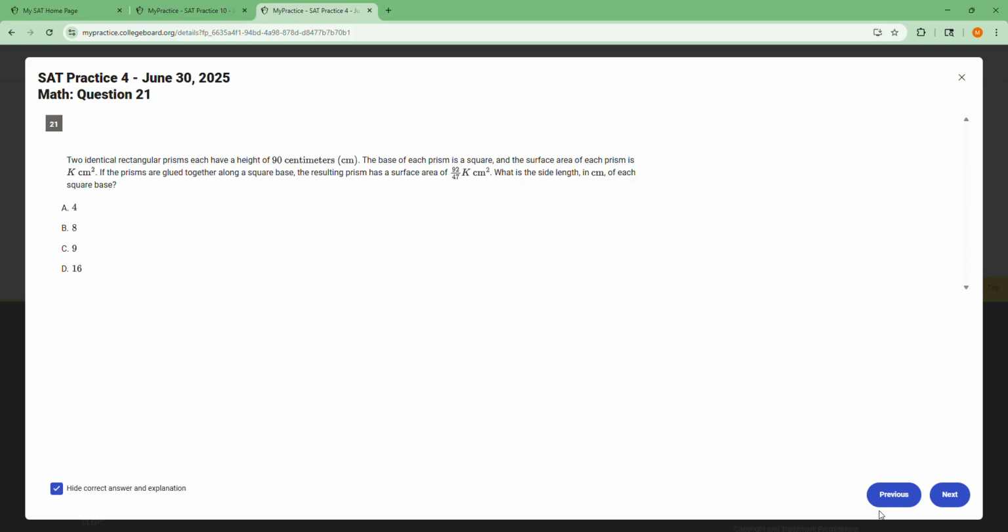Right. So now we've got two equations. K equals 2x squared plus 4 times 90x, and 92 over 47k equals 2x squared plus 4 times 180x. Now that we've got two equations, how could we figure out the value of x?